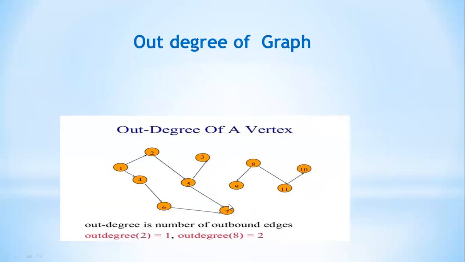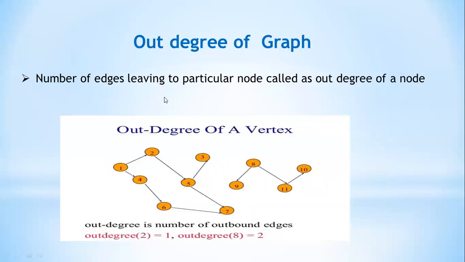On the same node, you can calculate the out degree of a node also. So what is out degree? The number of edges leaving a particular node is called the out degree of the node. So from a particular node, how many edges are leaving? Or from your mobile, how many outgoing calls are there?